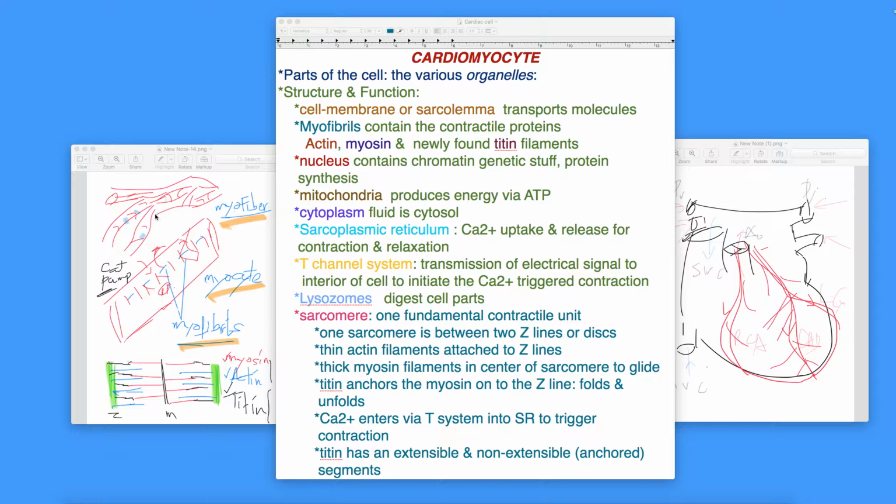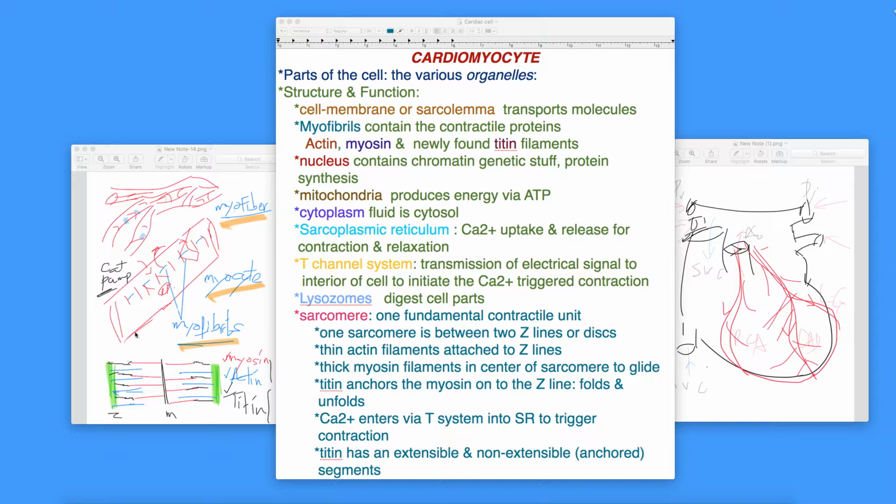Now, if you were to look under a light microscope, you will see each of these myofibers will be lined by cardiomyocytes, and one myocyte is almost 10 by 20 microns in the atria, and roughly 70 to 150 microns, much longer, in the ventricles. They're extremely microscopic, as you see.